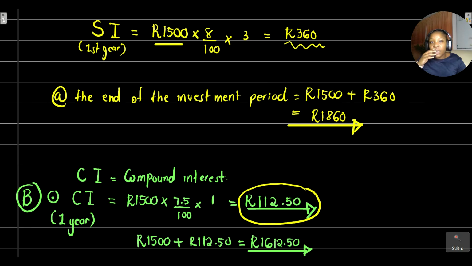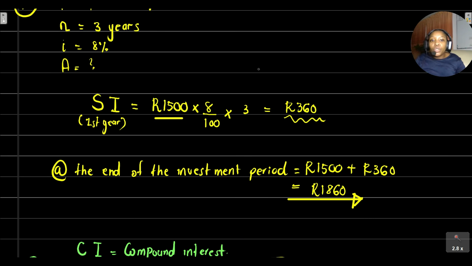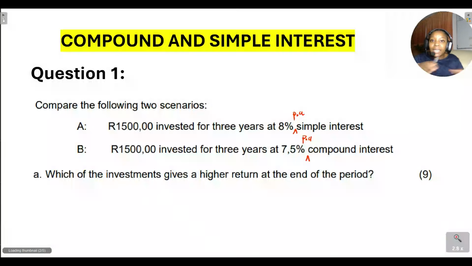We started off with doing the simple interest calculation. We found that if you invest 1,500 at a simple interest rate of 8% per annum for 3 years, you will basically have 1,860.